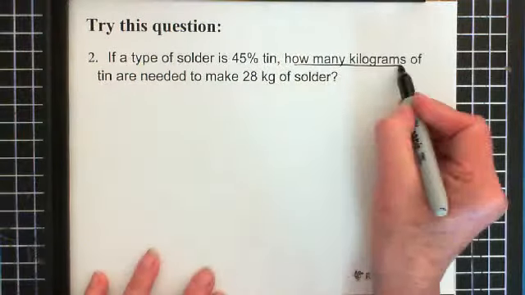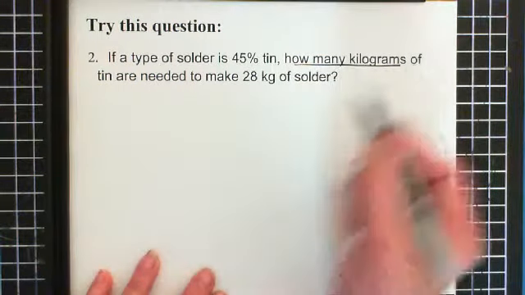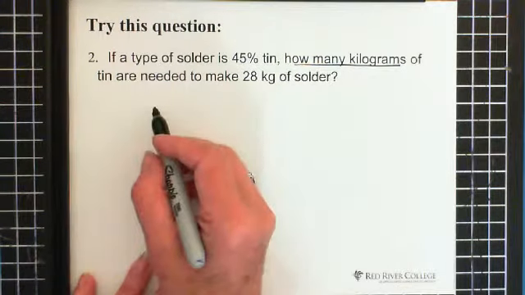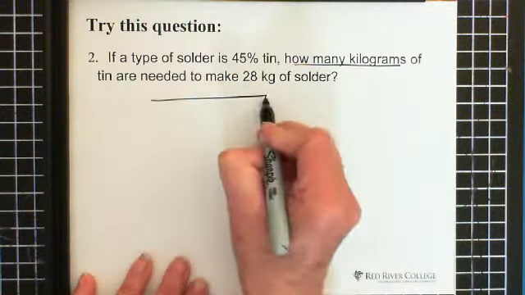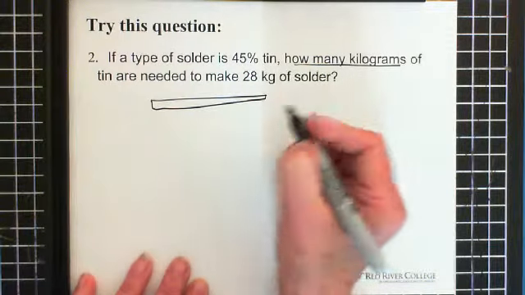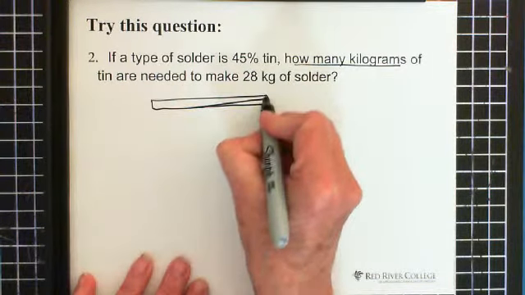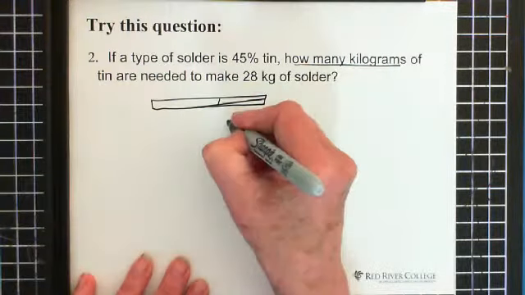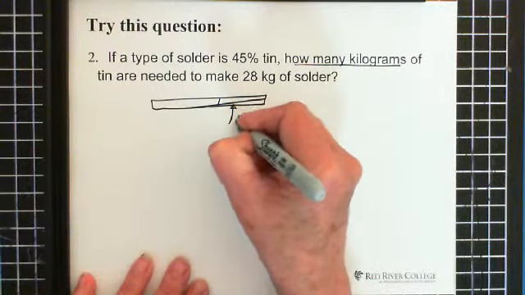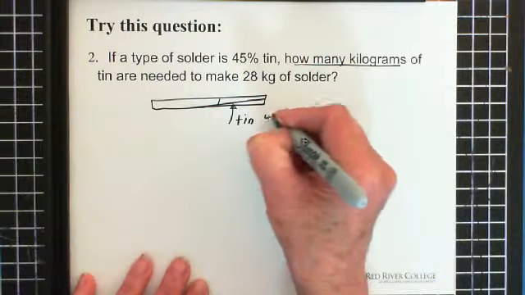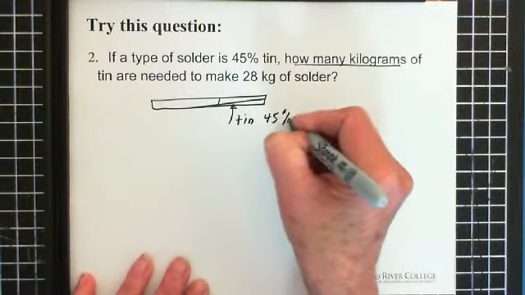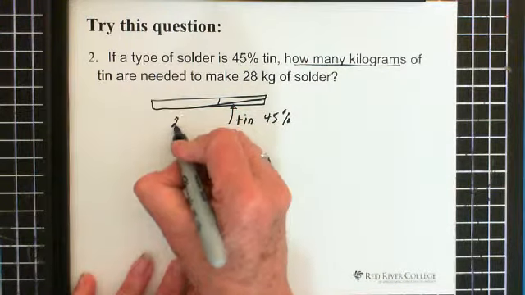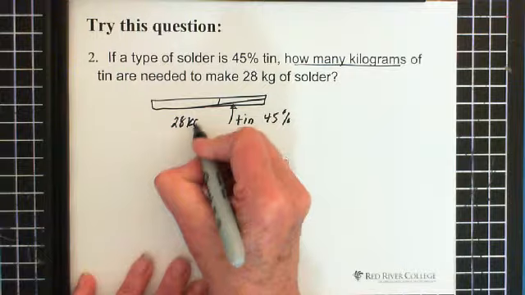So it's very similar. In fact, I'd say it's virtually the same as the last question. So again, we have solder, okay? And 45% of it is tin. 45%. The mass of this solder is 28 kilograms.